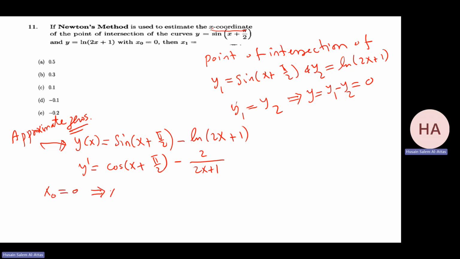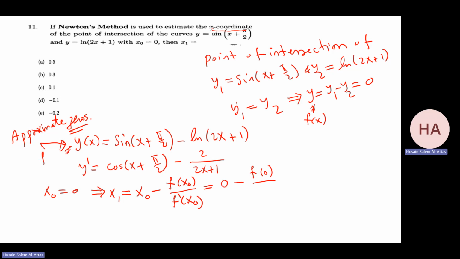That implies x1 will be x0 minus f of x0 over f prime at x0. Plug the numbers. That will be 0 minus f at 0, which is y in this case. So we call this f of x.